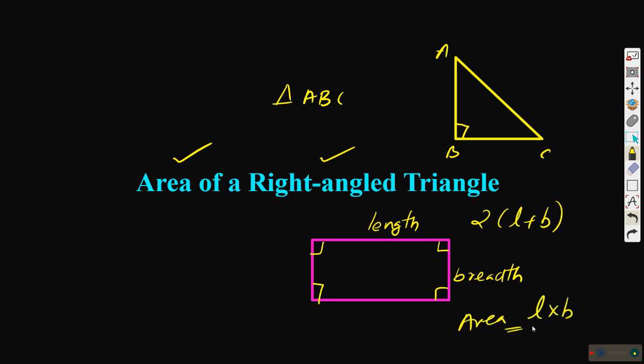These are explained in detail in the last video. So in order to get the formula for the area of a right angled triangle, we need to recollect and apply the concept of the area of a rectangle.